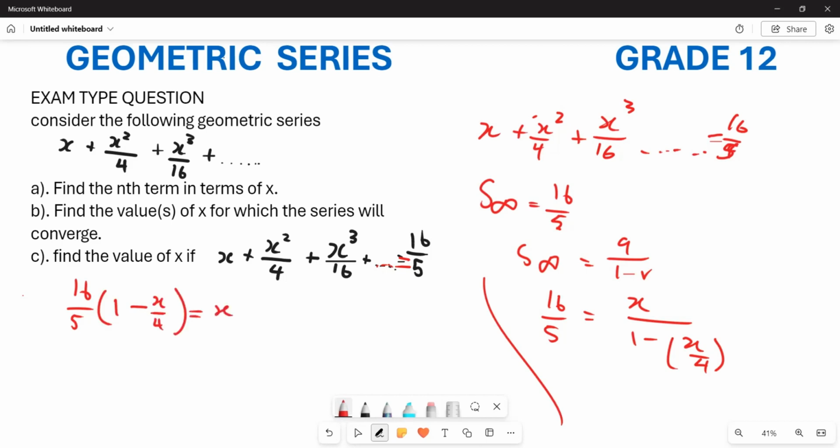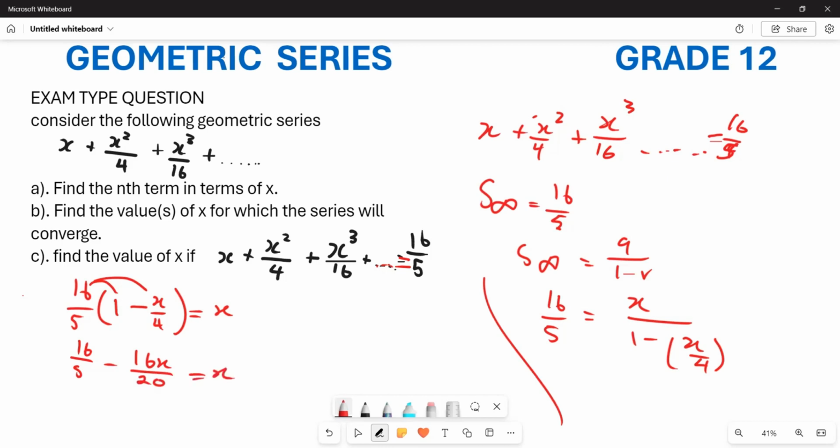Are we okay? Now, when you're multiplying this, can you see that this is going to be same as 16 over 5, subtract, now you are just distributing this. And then when you're multiplying your numerator, this is going to be same as 16x, and then 5 multiplied by 4 here is going to be 20, equals x.